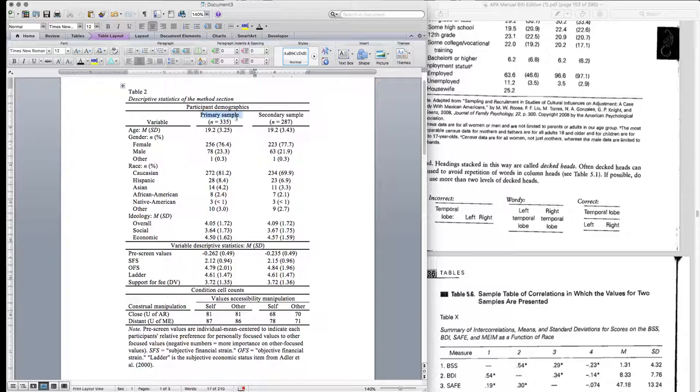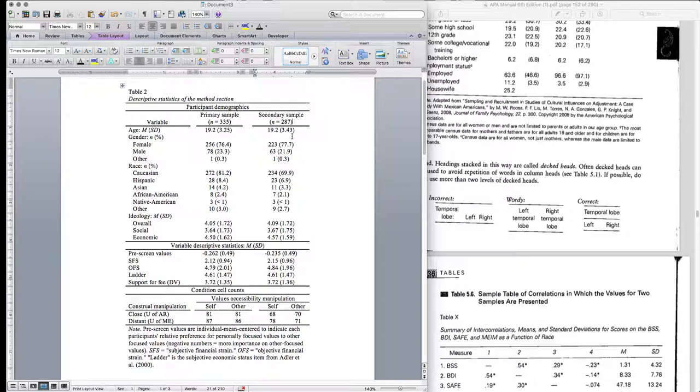There was a total of 335 in this primary sample, but there were a bunch of people that I excluded for reasons like failing attention checks and things like that. And like I said beforehand, I will liberally be excluding people for these various reasons. And so then I had this other sample that had only 287 people.